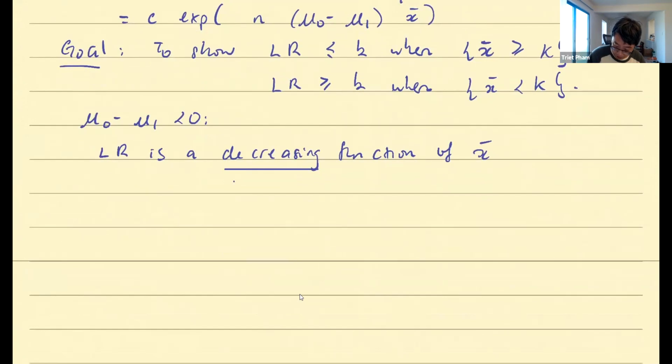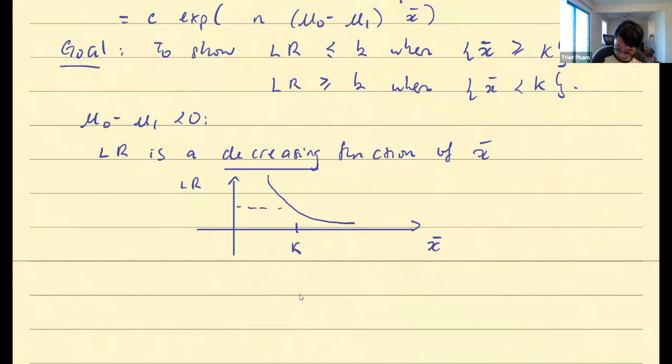Right? Because let me draw it for you. Suppose this is x bar, and this is my likelihood ratio. You say it's a decreasing function. I don't care how it looks. Suppose it looks like this. Then notice this is exactly my big K. Suppose this is my small k.